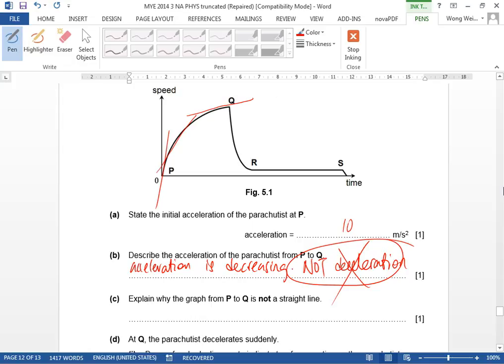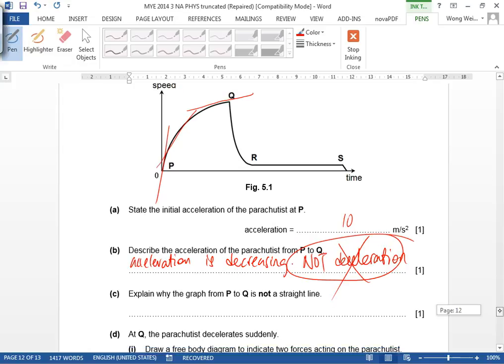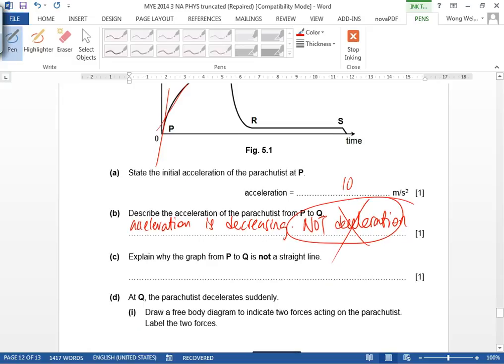Okay, so in this case, it is not a straight line because there is air resistance, and air resistance is actually increasing. Okay, so air resistance is acting on the parachutist, and it is increasing.